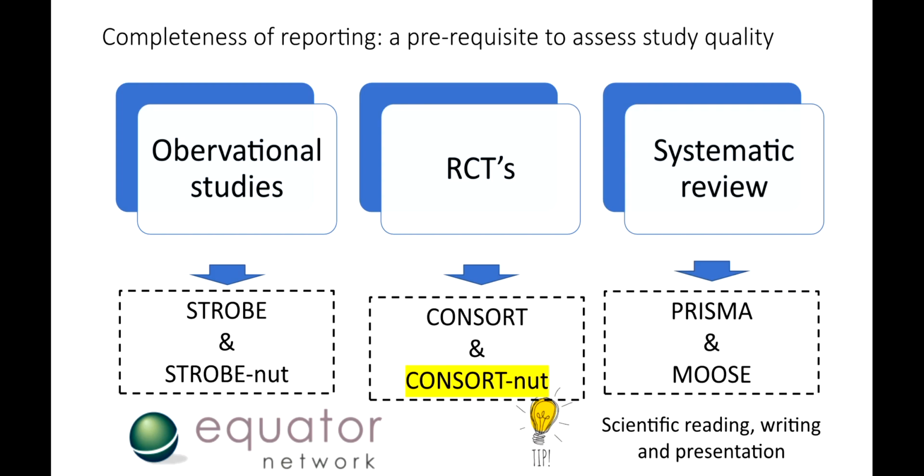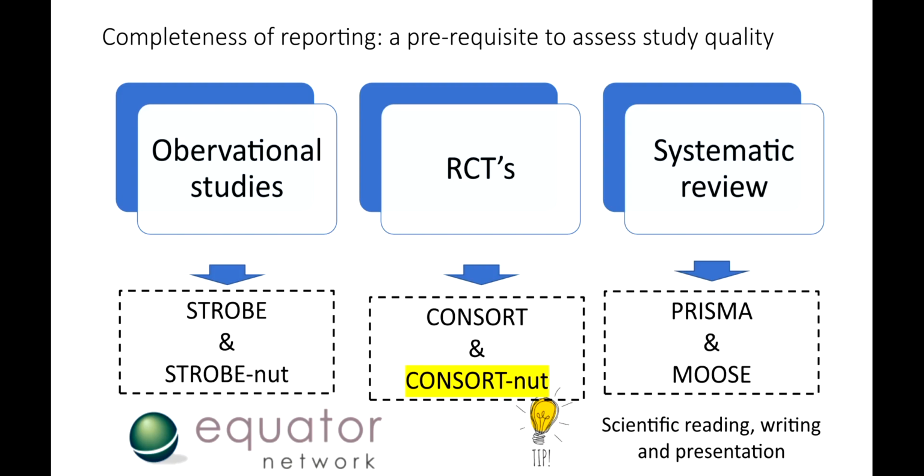For randomized controlled trials, we have the CONSORT statement and also the CONSORT-Nut statement that is under development. So that is not available yet, but should be available somewhere in 2025. So the CONSORT-Nut will be a reporting guideline for trials in nutrition. For systematic reviews, we have the PRISMA statement or the MOOSE statement, of which the PRISMA statement is the most common one.